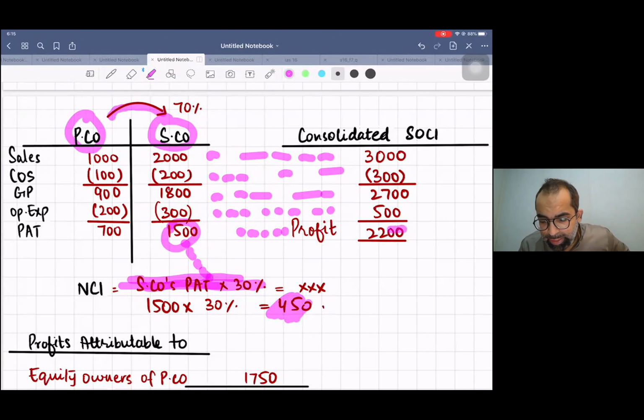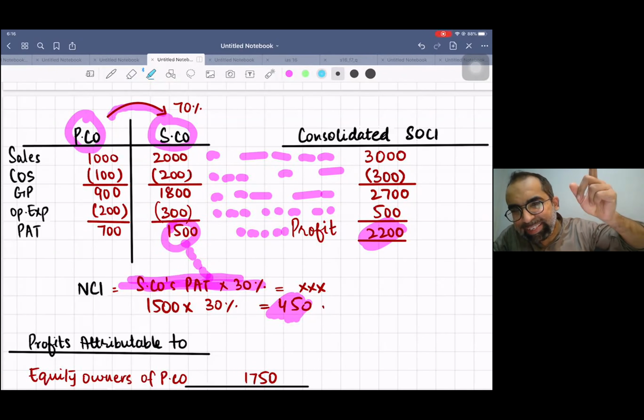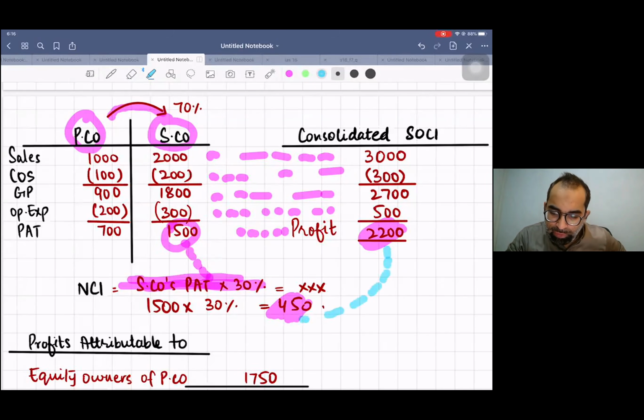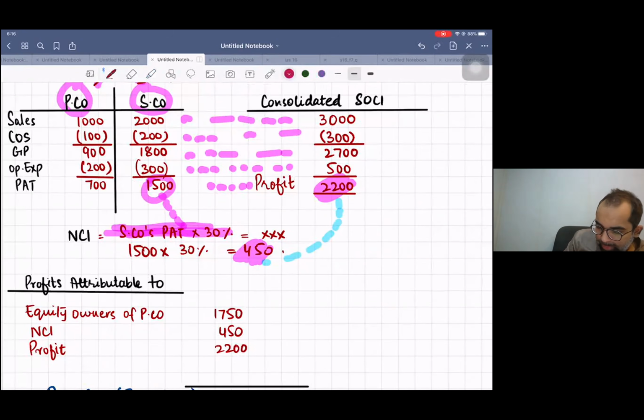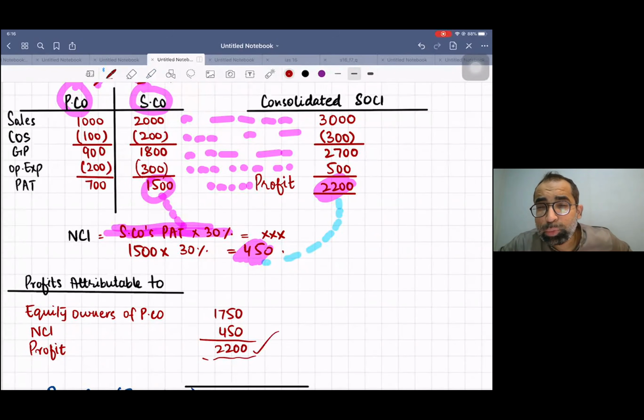We just did 100% adding together and got 2200. But from this 2200, 450 belongs to NCI. So what's the parent company's share? The parent company's owners' share is 2200 less 450. I hope you remember these three lines. First, you write the complete profit, that is 2200.